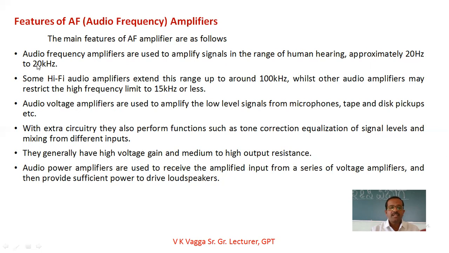So the audio frequency range is 20 kilohertz, and with the hi-fi extension it can extend its range up to 100 kilohertz, whilst other amplifiers may restrict the limit to 15 kilohertz or less. And audio voltage amplifiers are used to amplify low level signals from the microphone, or from the tape, or from disc pickups, etc.